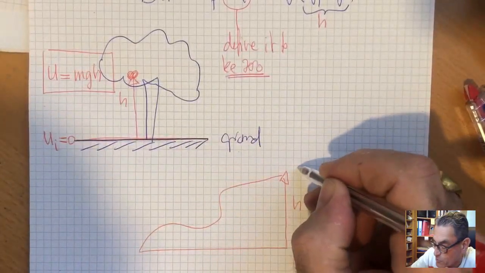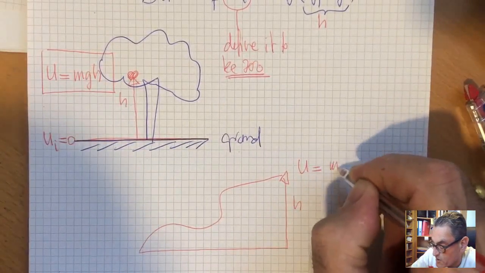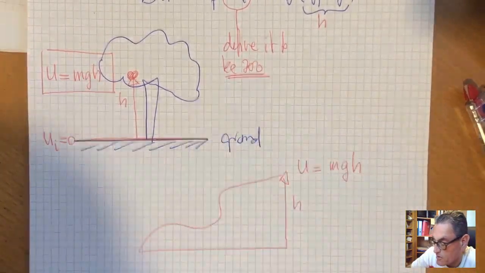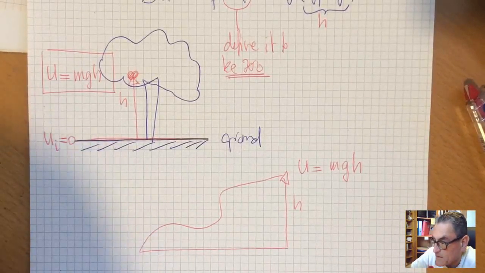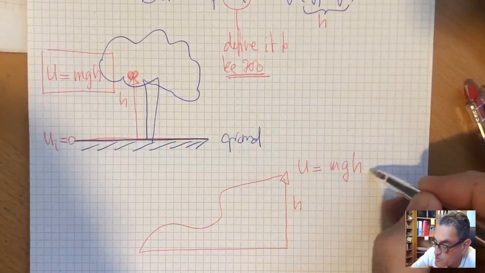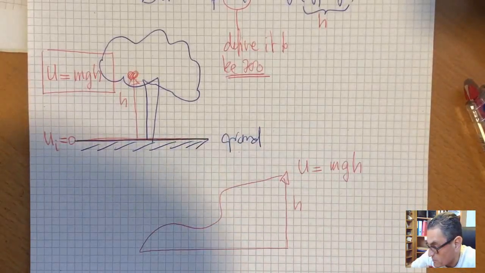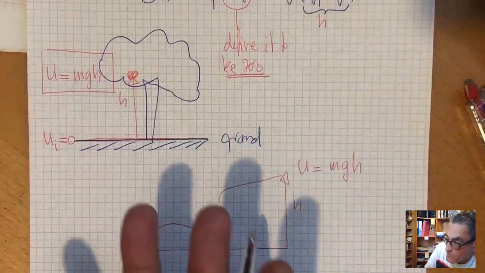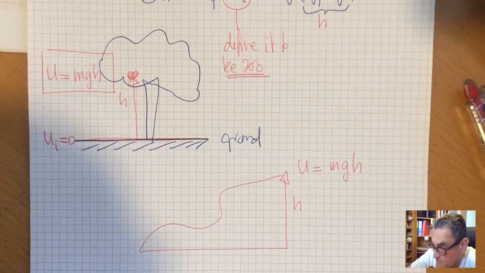And here with our two cars, we had a certain potential energy for the cars, which is mgh, and the energy the engine needs to produce is the energy necessary to give the car this potential energy. When you lift something, you have to give it energy so that its potential energy can increase. Okay?